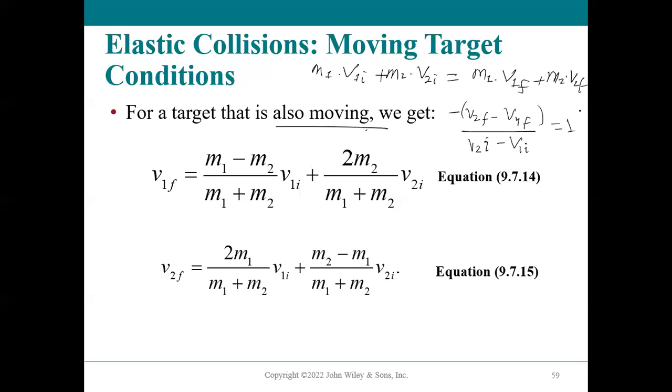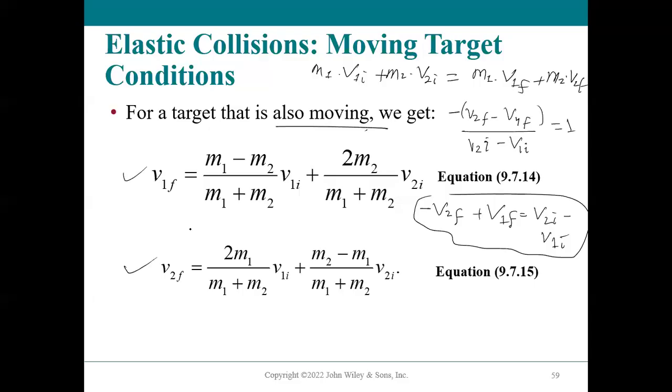So it means that v1 final minus v2 final is equal to v2 initial minus v1 initial. By substituting this condition, we get v1 final as this expression, and v2 final as this equation.